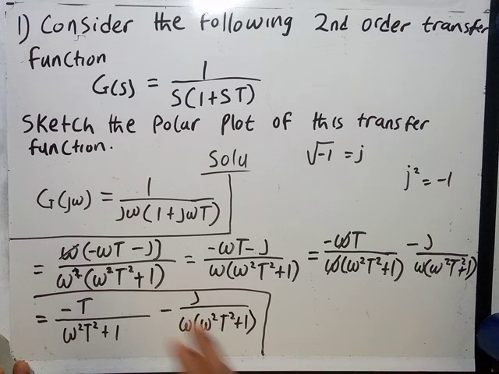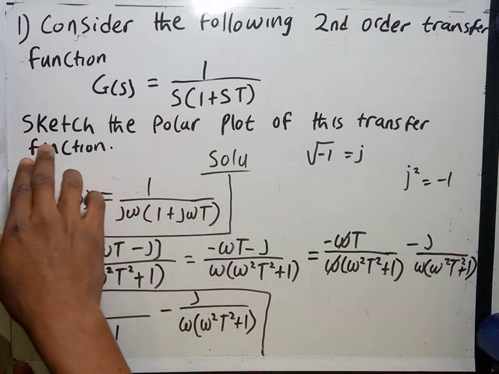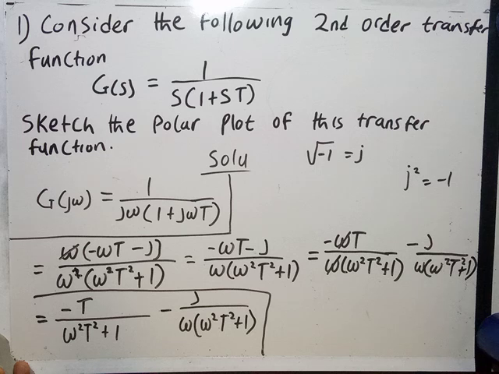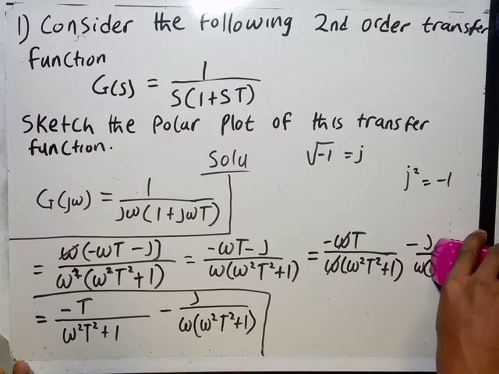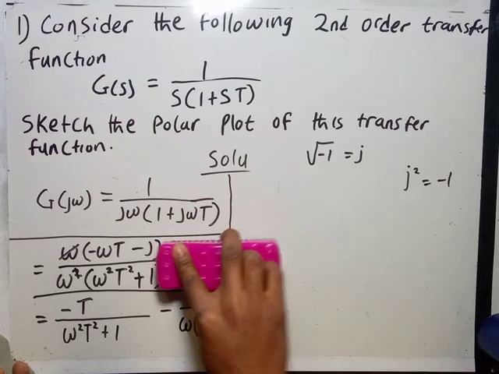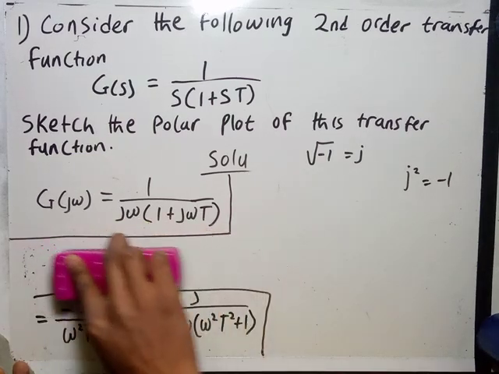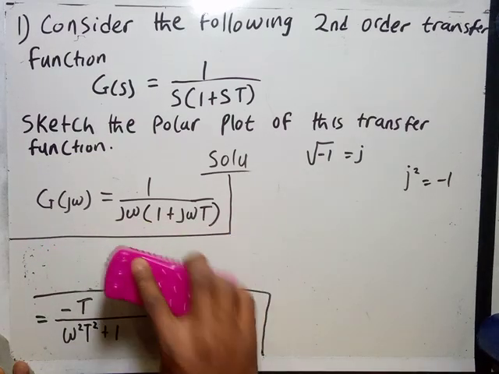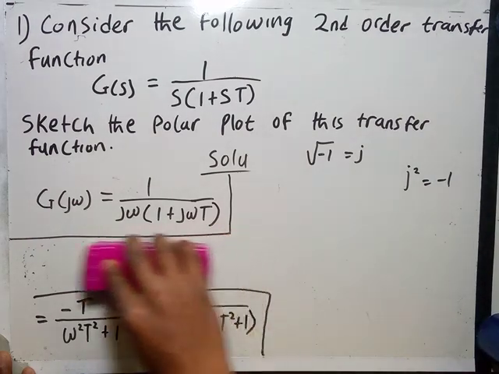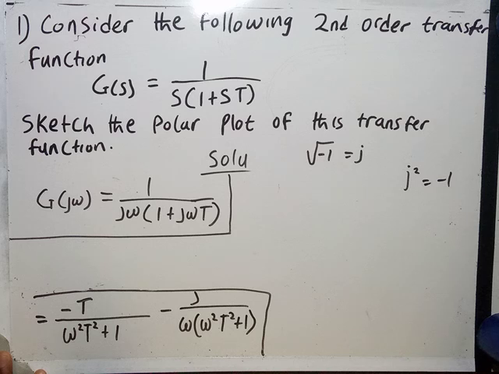Now the main thing the question was demanding from us was to sketch the polar plot of the transfer function. So we're going to be doing a sketch on it. Another thing we need before we can plot is to first get values that, if we input in this formula, can give us an integer.